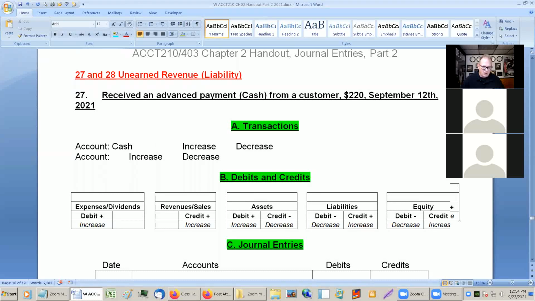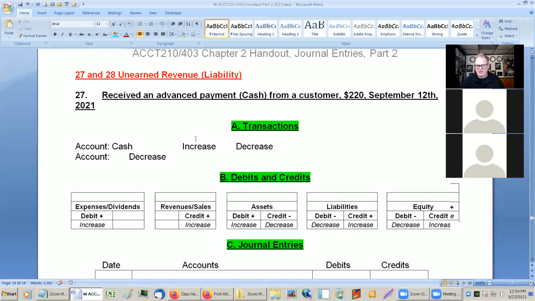And down here is the tricky one. Now, they gave us cash. We haven't done anything. So this is a liability. And it's kind of similar to an accounts payable with one exception. If we don't do our work, we've got to pay them back.